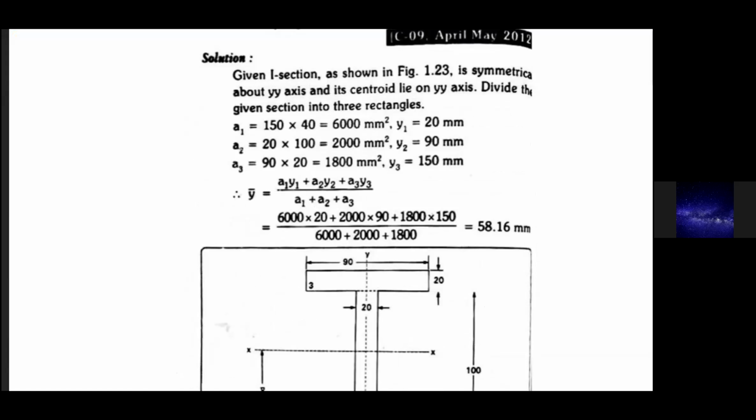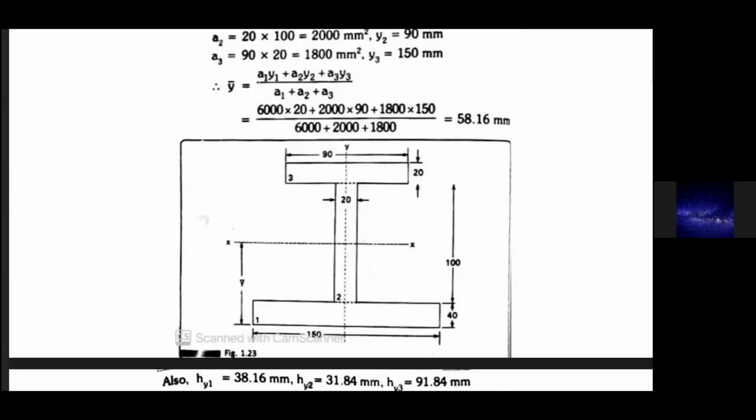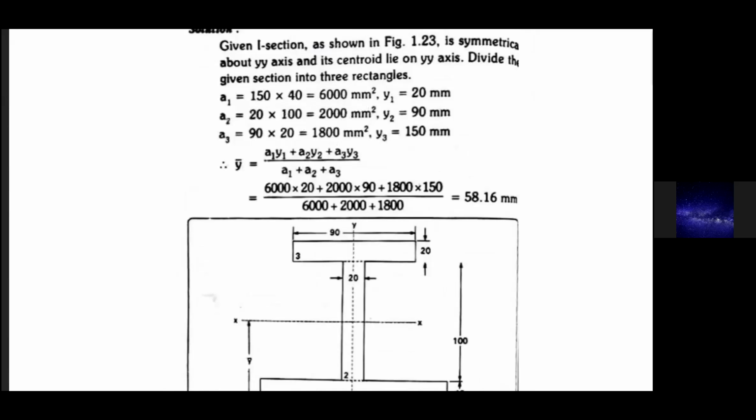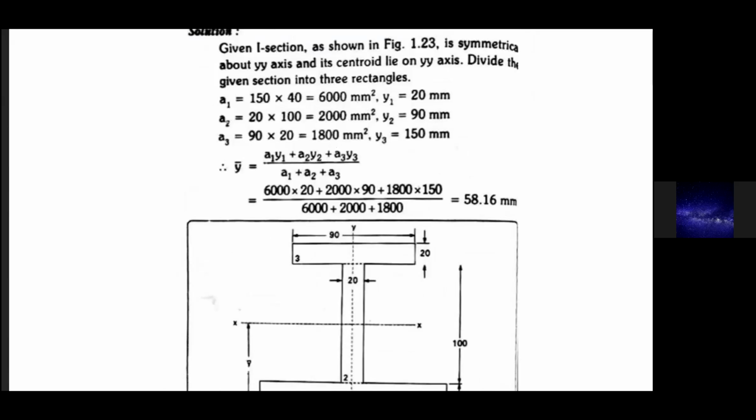So we first have to find a1, a2, a3 and y1, y2, y3 values. a1 equals 150 cross 40, that is 6000. a2 is equal to 20 cross 100, 2000. a3 is equal to 90 cross 20, 1800.